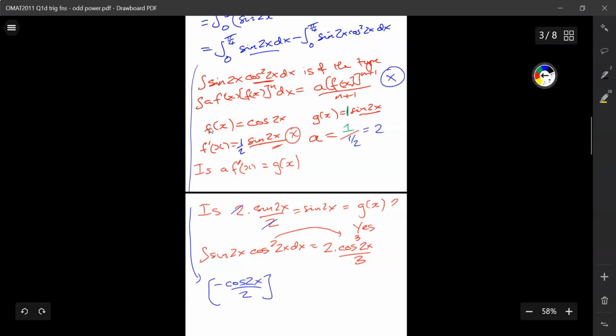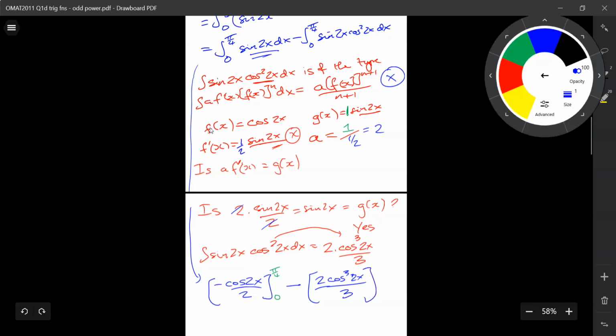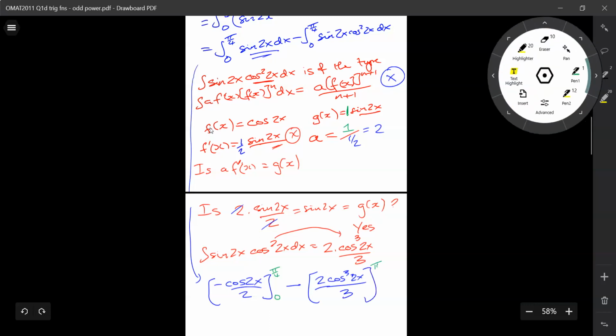And we're going from the limits pi over 4 down to 0. So I've integrated the first function, and this is equal to the second function. The integral is given here: 2 times the cosine cubed of 2x divided by 3. And we're going from the upper limit, pi over 4, down to the lower limit, like so.